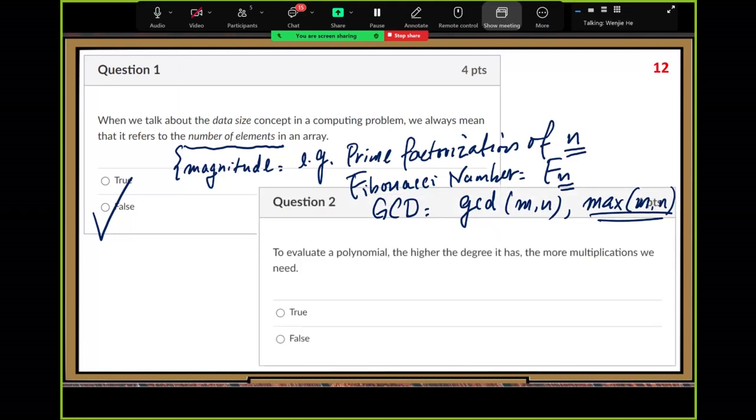Question number 2. To evaluate a polynomial, the higher the degree it has, the more multiplications we need. For this question, I want to explain something here. The answer is false, but we use this statement frequently. So I want to explain that little difference.